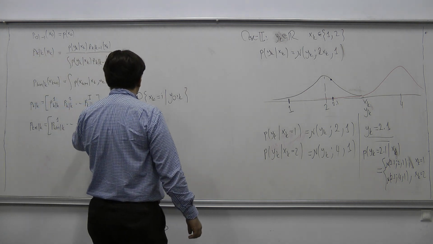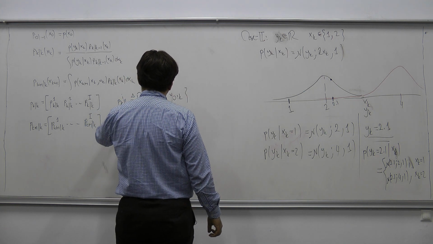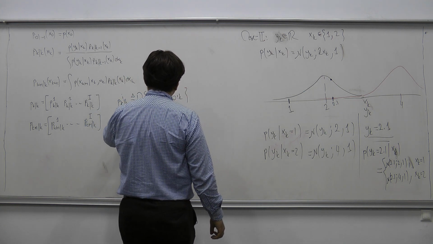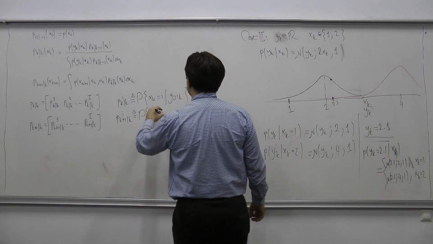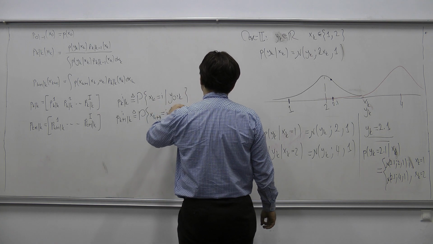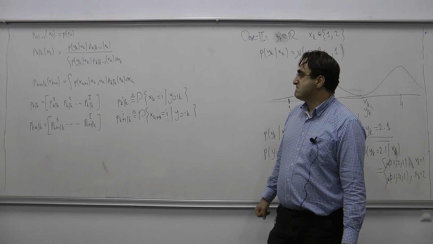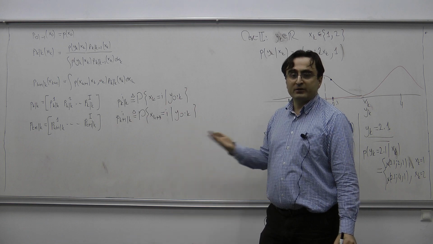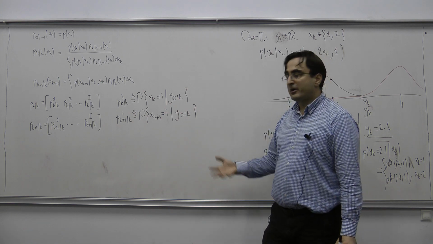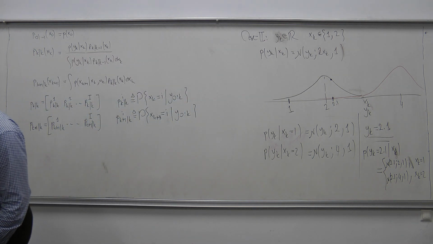When I define the elements, p_{k+1|k}^i is defined as the probability that x_{k+1} is equal to i, given all of the current and the past measurements. Okay? So these are the vectors that we have to recursively calculate in order to be able to estimate the posterior distribution of the state. Okay?